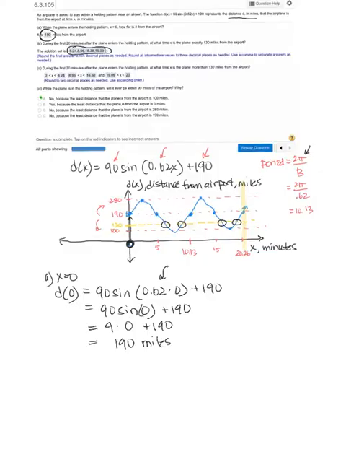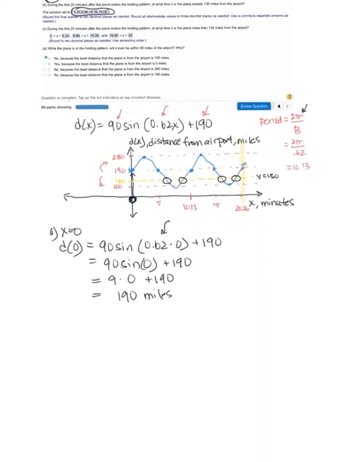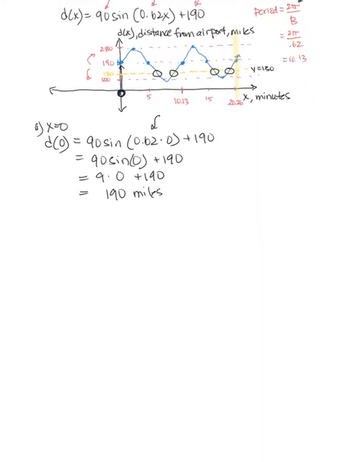Now, if you use Desmos and you input the d of x function, and then you also input y equals 130, and you click on that graph, it's going to give you the 6.24, the 8.96, etc. If you haven't tried that, maybe I can show you that real quick.